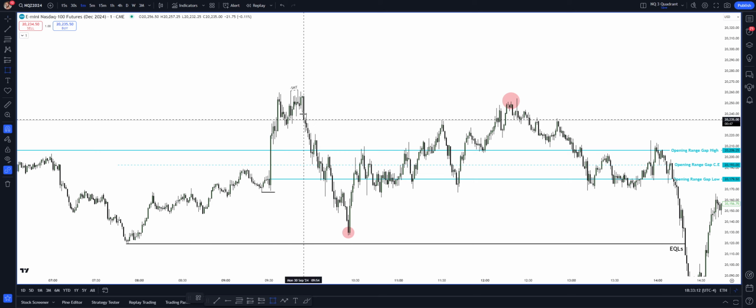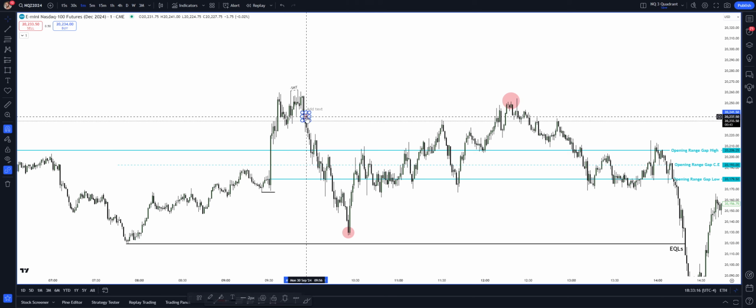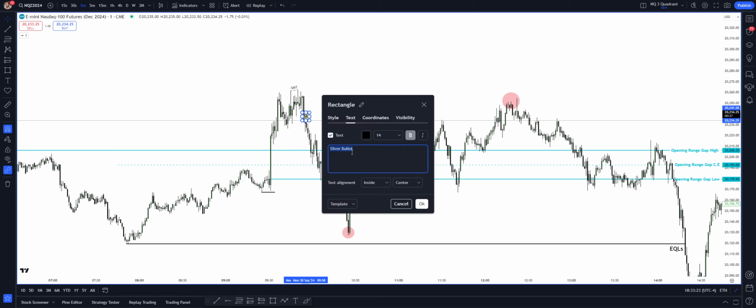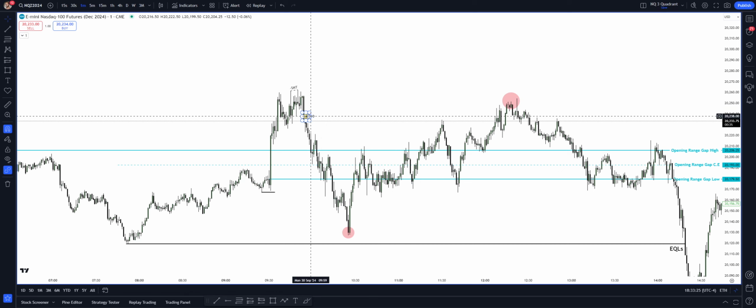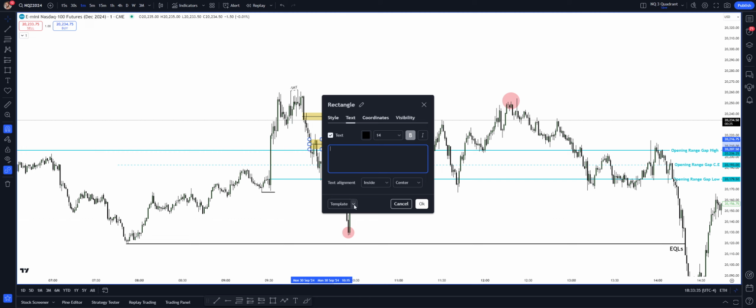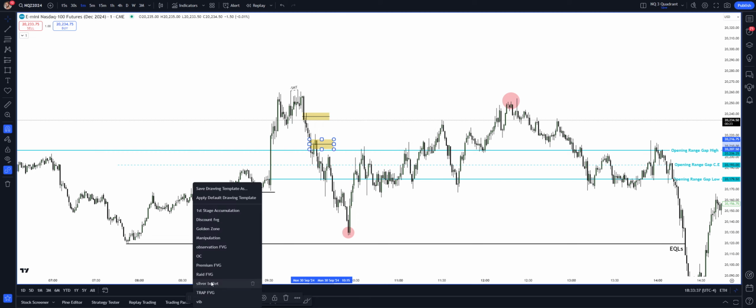Then it displaced. This first displacement came during the macro, which is after 9:50. That was the first setup to go short. Then it kept pressing lower and formed a new SIBI during 10 o'clock, which is silver bullet.